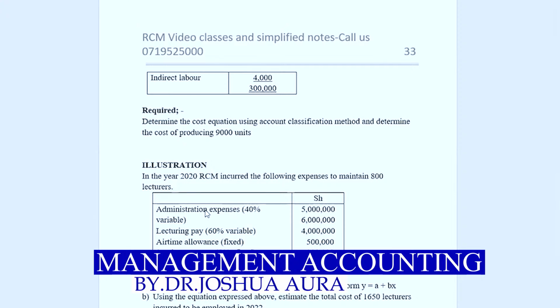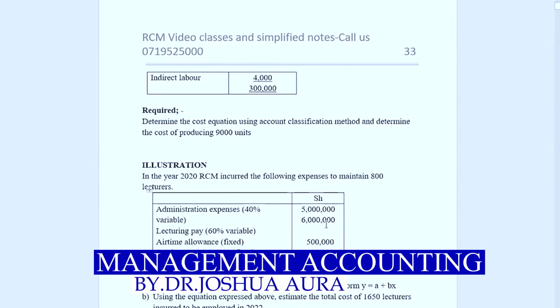So we have administrative expenses, 5 million. And then what we have here is the lecturing pay, which is 6 million. That is okay.